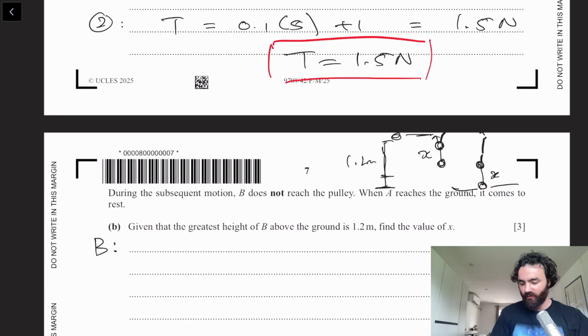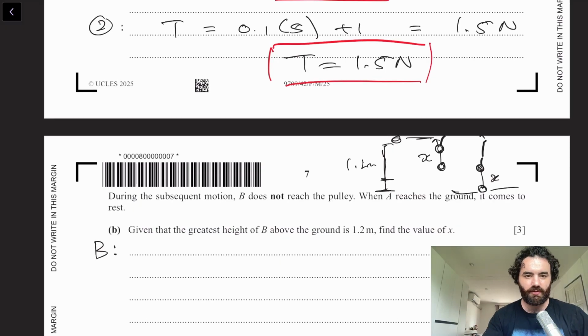So in B, in that first bit of motion, look at those equations again. Our initial u is 0. Our final, we don't know.